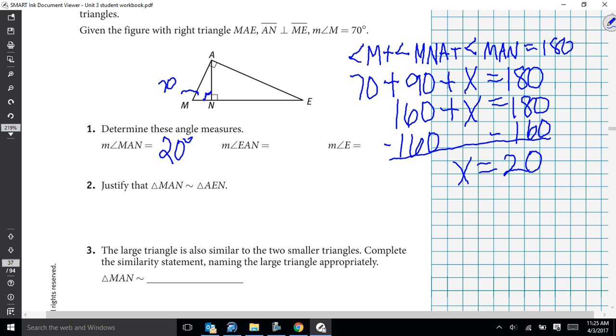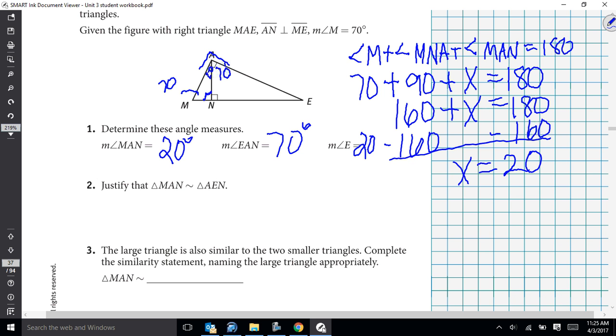It's a right angle, so this whole top angle is 90 degrees. This angle here is 20. So this side of it is 70. If this angle is 70 degrees and this angle is 90 degrees, what's the measure of this angle? 20, right? Because we just did the math over here.